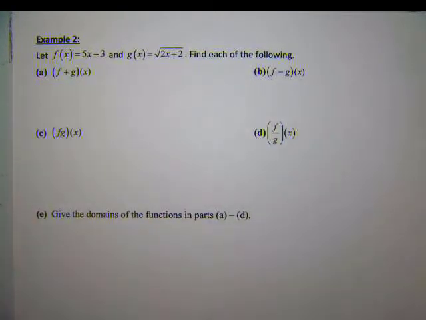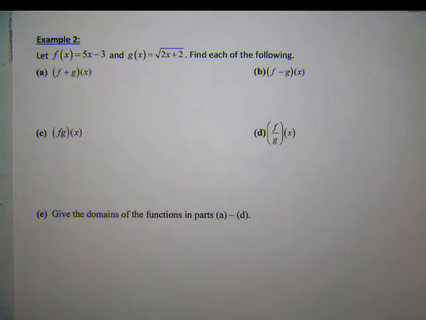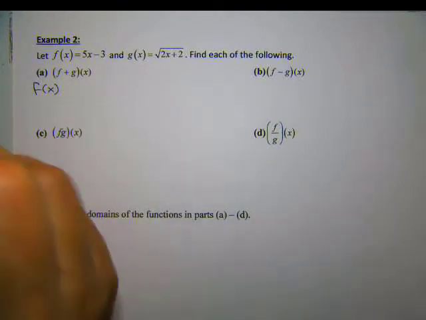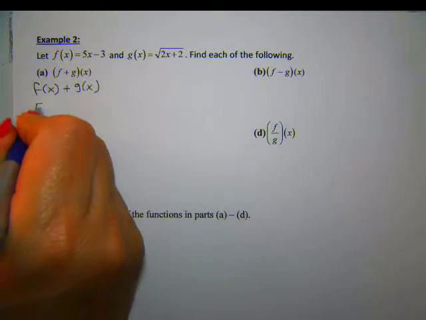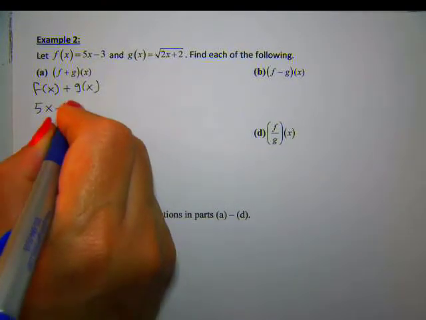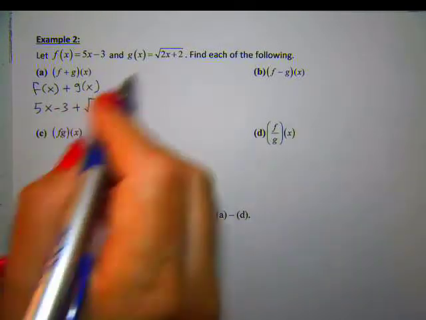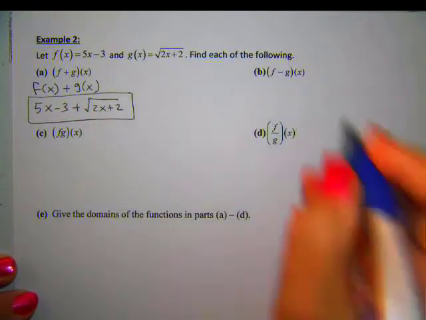Example 2, let f of x be 5x minus 3, g of x be the square root of 2x plus 2, and let us find the following. f plus g of x by definition is f of x plus g of x, which is 5x minus 3, that's your f of x, add to it g of x. Look at this, we cannot add, there are no like terms, so we're done.